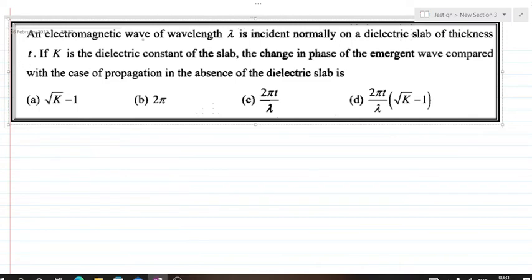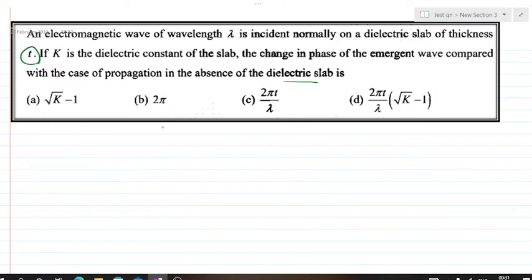An electromagnetic wave of wavelength lambda is incident normally on a dielectric slab of thickness D. If K is the dielectric constant of the slab, what is the change in phase of the emergent wave compared with the case of propagation in the absence of the dielectric slab?